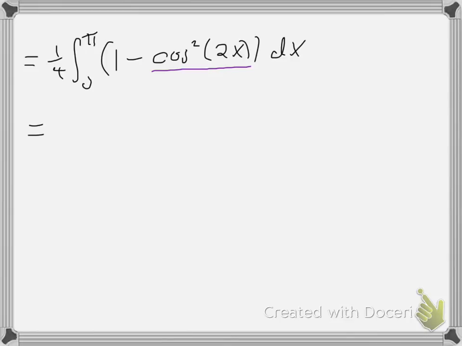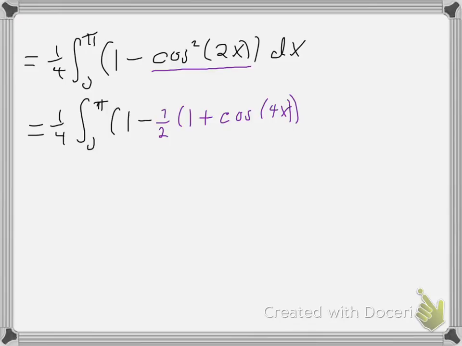So we're going to end up with 1/4 the integral between 0 and pi of 1 minus 1/2 times 1 plus the cosine of 4x dx. I'll put this all in purple so you can see it clearly.